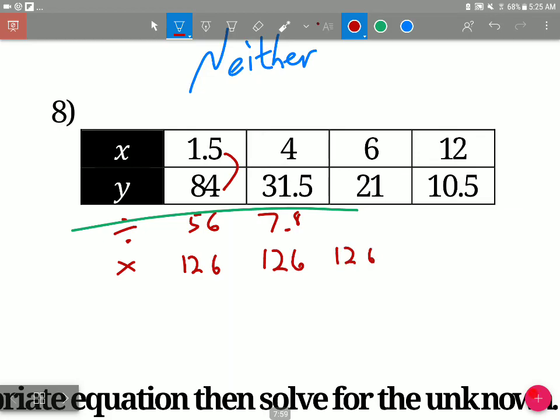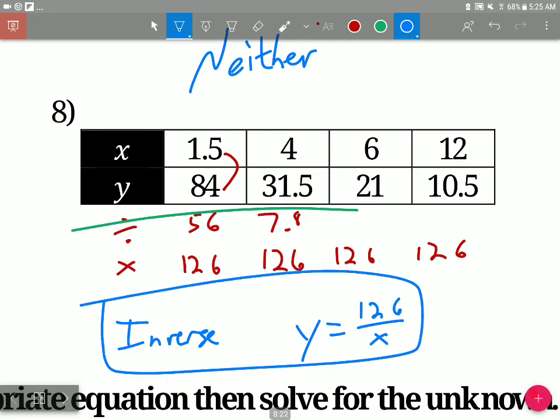Yay! 10.5 times 12 is also 126. Yay! So since we multiplied them together, we must have an inverse relationship. And therefore the equation for it would be y equals your constant 126 divided by your variable, x. Cool.